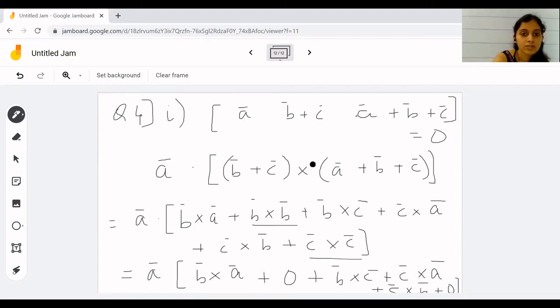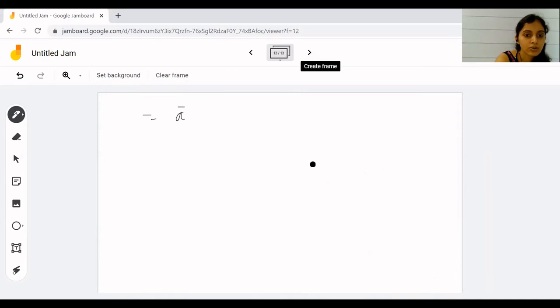So the next step would be equal to a bar dot, now I'm giving the dot product to each one of them.